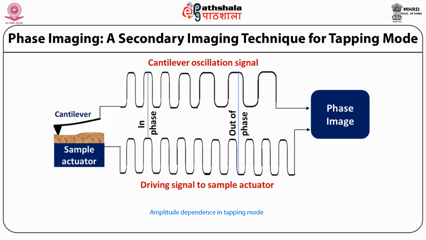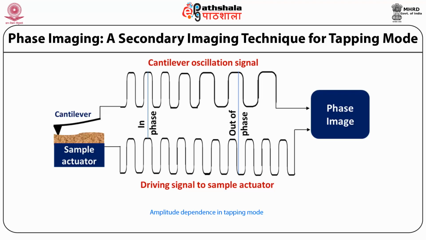With any change in interaction between an oscillating cantilever and a sample, the resonance frequency of the cantilever also shifts either towards lower frequencies for attractive forces or to higher frequencies for repulsive forces, and consequently the phase at a fixed frequency shifts.